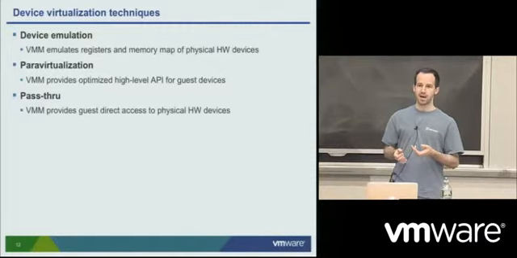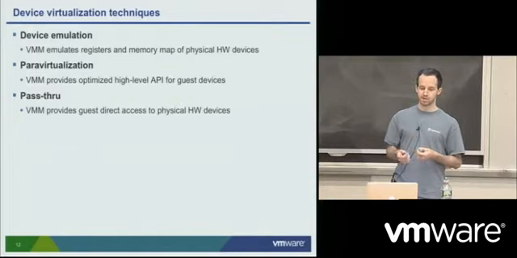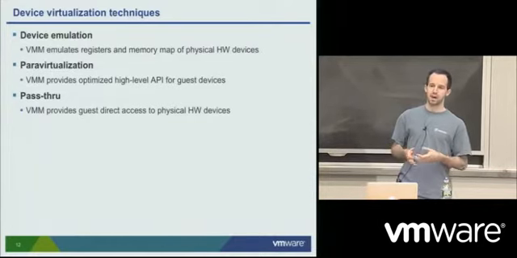That is, the VMM uses privileged hardware to set up traps on the guest's accesses to I/O registers or memory mapped regions, and it's able to respond to these traps and present results back to the guest which make it believe it's accessing a real hardware device. That's the basis of device emulation.